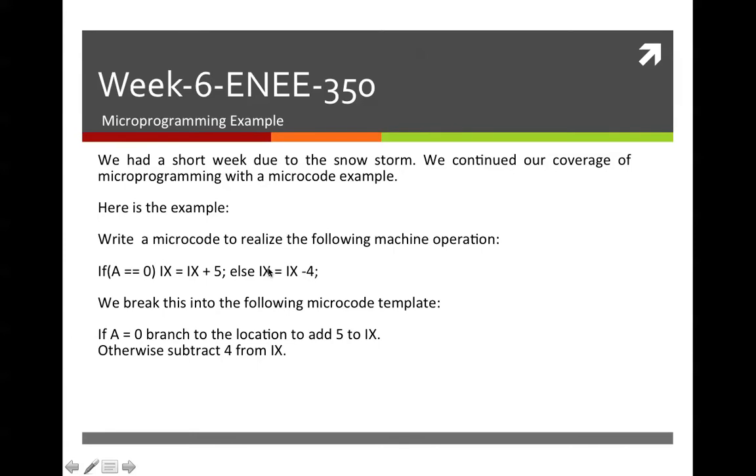So in order to convert this into microcode, we rephrase it by saying that if a is equal to 0, branch to the location to add 5 to ix. That is to say, branch to a place where this addition will take place.